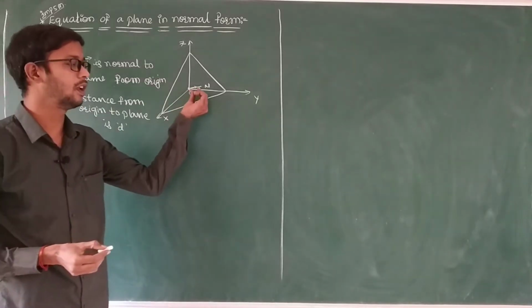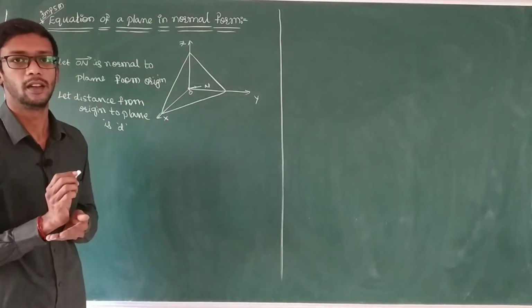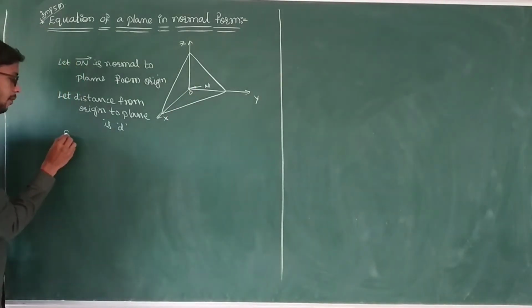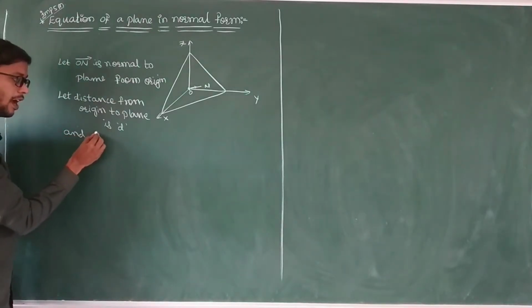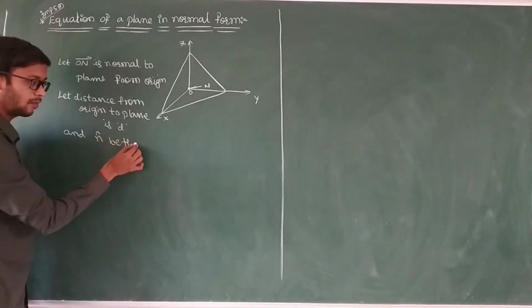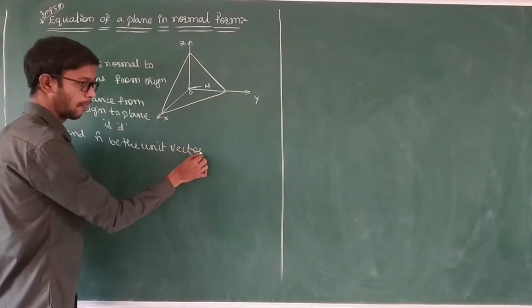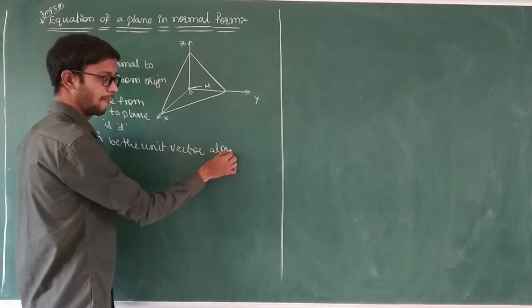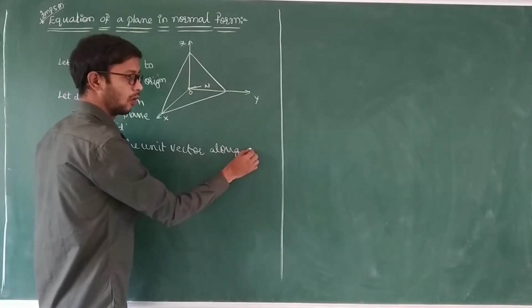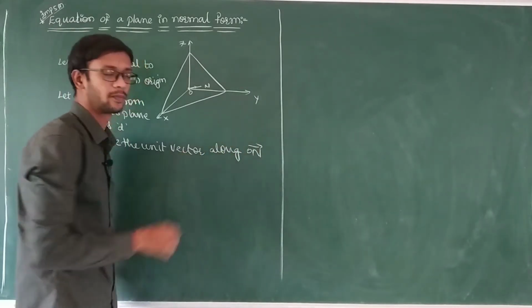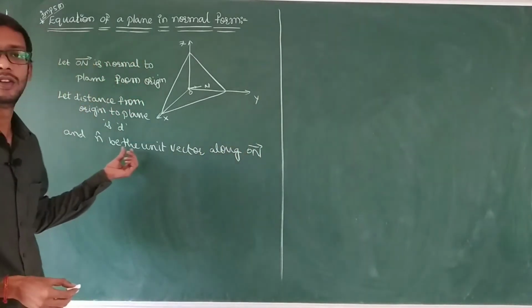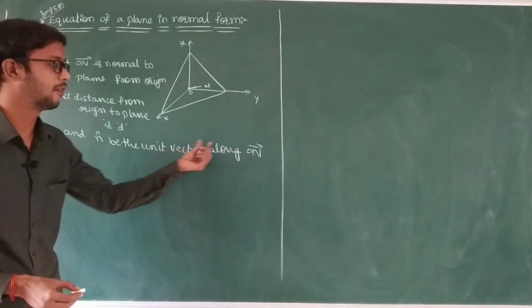So the length of ON is d, and n cap is the unit vector along ON bar. N cap is the unit vector of normal.